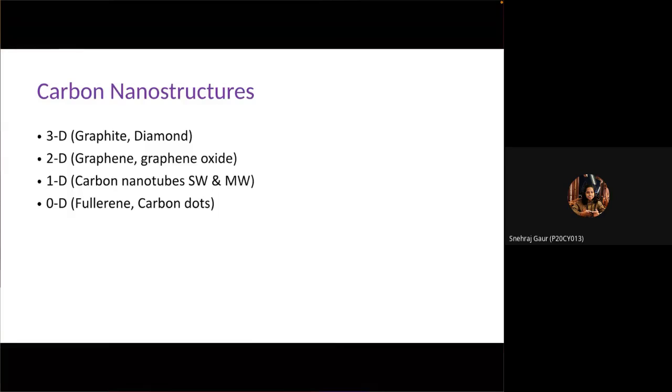Let's discuss something about carbon nanostructures. Carbon, as a material, is one of the most widely used.